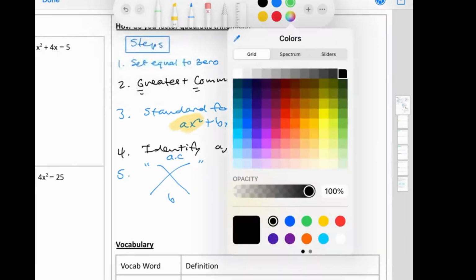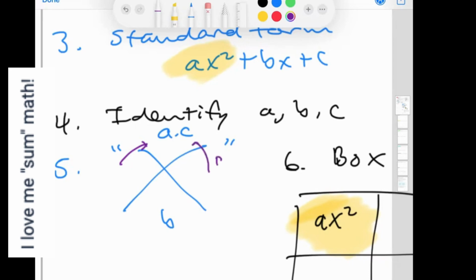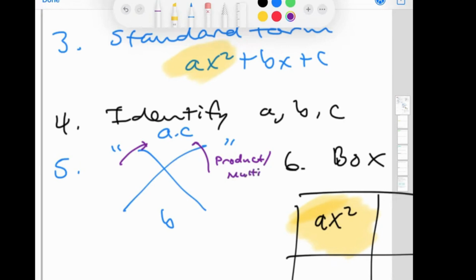Something I forgot is that you're going to find a number and you're going to get in purple here the product. Product means to multiply those two numbers to get a times c. And those same two numbers, you will get the sum, or you add them together to get the b value.